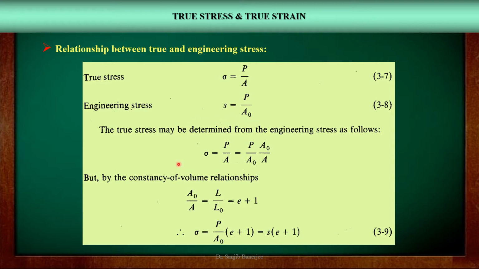So, the true stress sigma becomes S into E plus 1, where S is the engineering stress and E is the engineering strain. Thus, the true stress can be represented in terms of the engineering stress and strain values.